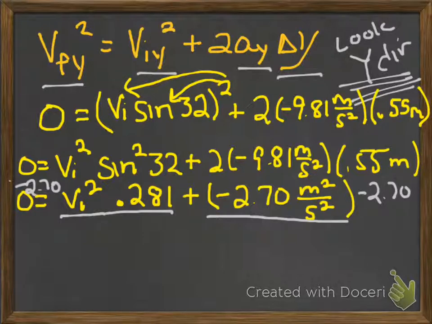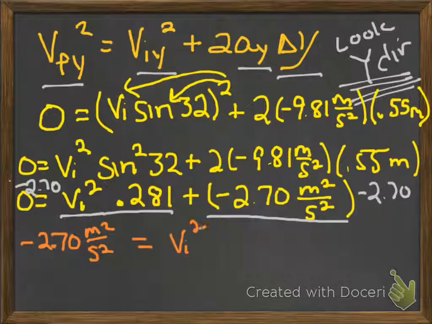and that will give us a slightly nicer looking equation of negative 2.70 meters squared per second squared is going to be equal to your vi squared times 0.281.